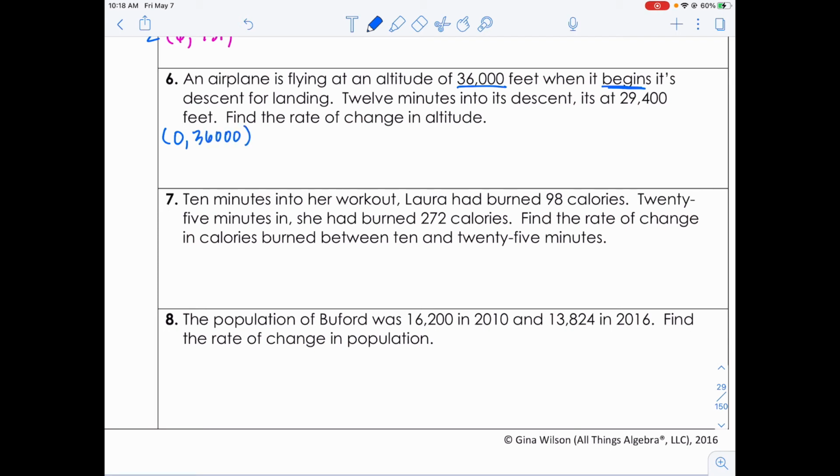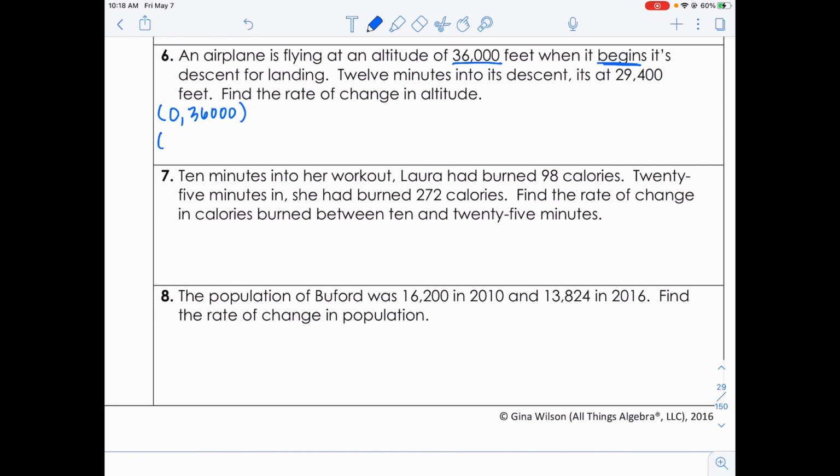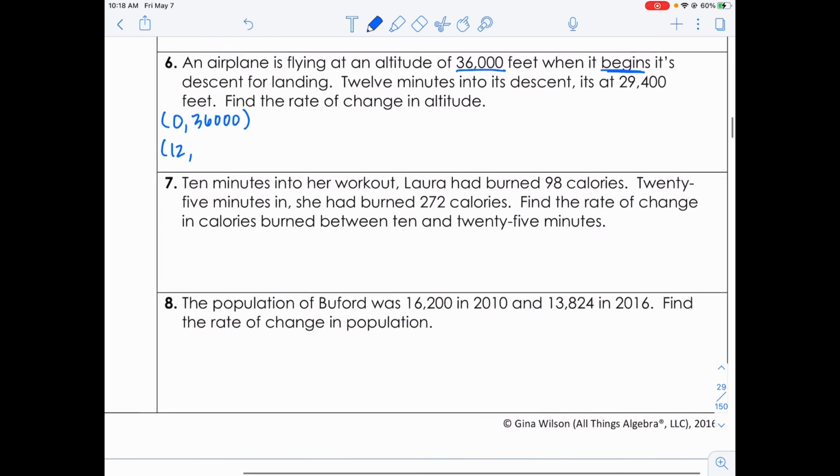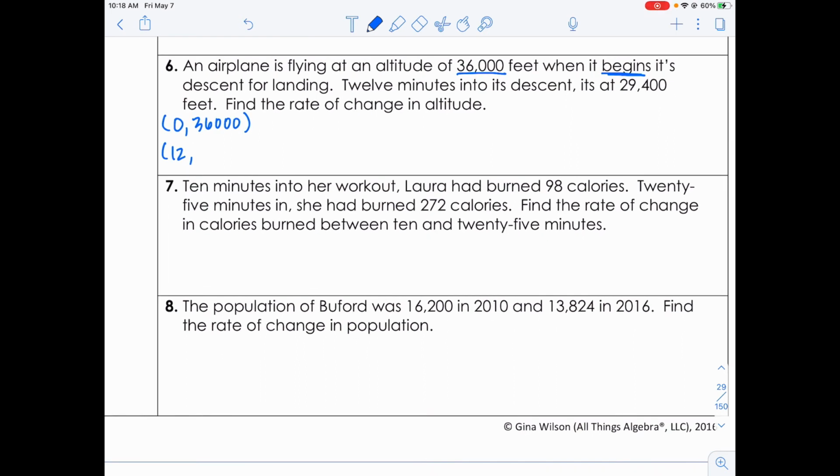Now we're going to do our second ordered pair. It says after 12 minutes, so 12 becomes our x value there. And then its altitude at that time is 29,400. Using our slope formula, we're going to call these my 1s and these my 2s.